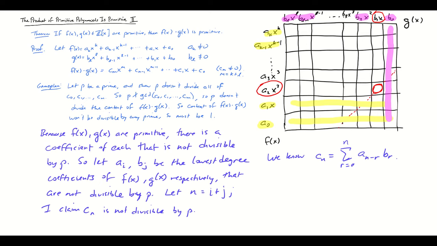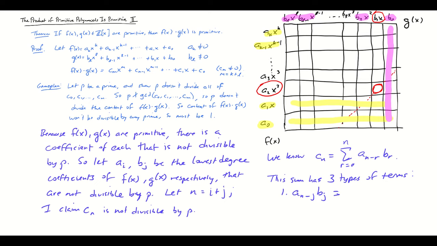All right, so we know that that's true, and we know that this sum has three types of terms. The first type is the one that we are super interested in. One of the terms is a sub n minus j, b sub j.